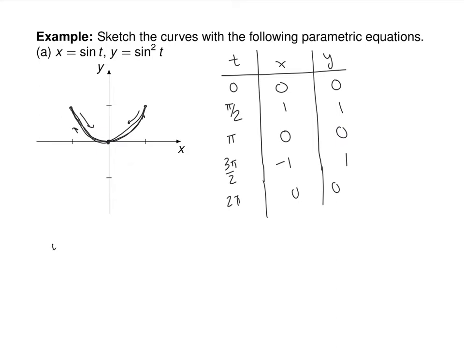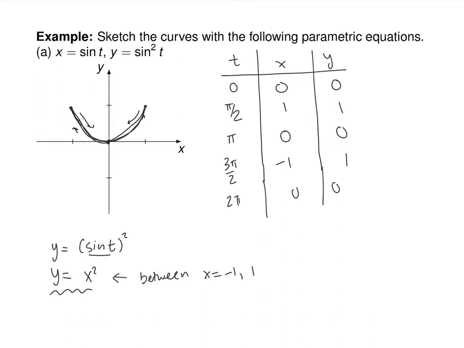Notice how the y is sine of t squared, which is the same thing as, since sine of t is equal to x, this is the curve x squared. But notice how it's not the entire curve x squared. This is y equals x squared just between x equals -1 and +1.